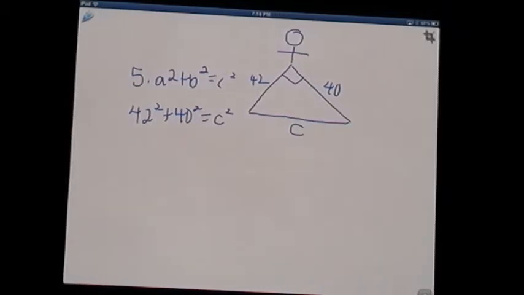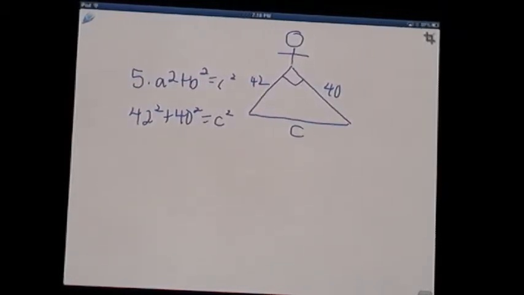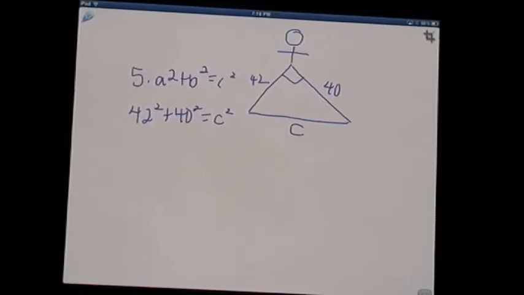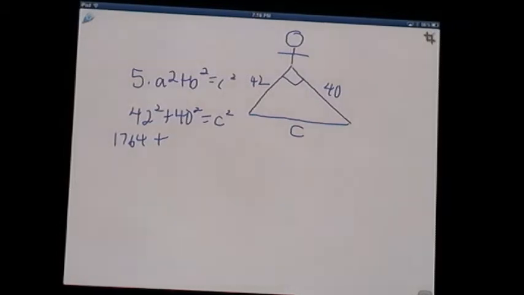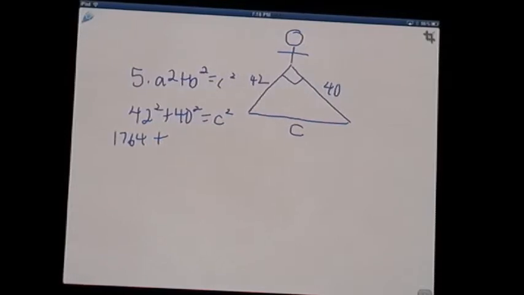Okay, so using your calculator, 42 squared is 1764, and 40 squared is 1600, which I could have done in my head, equals c squared.